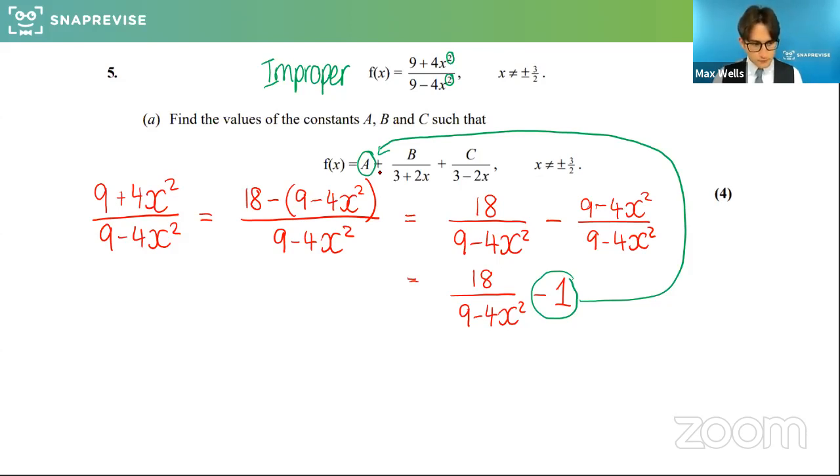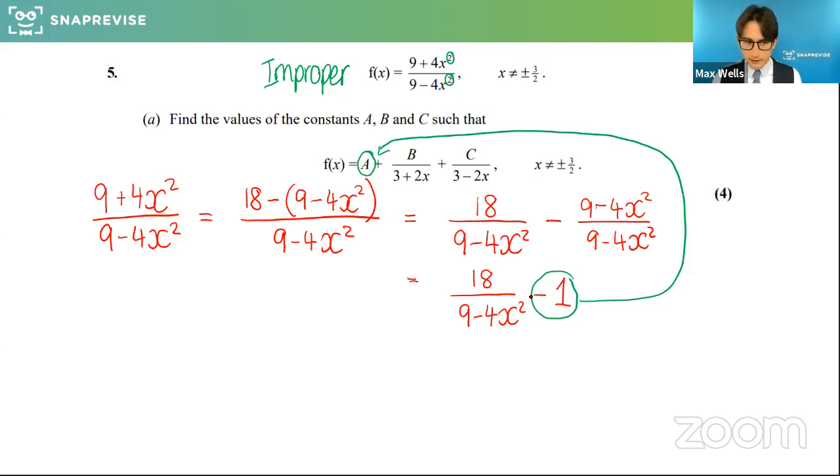If we spot that, if we can use the 9 - 4x² and then see how far away I am, then I can resplit the numerator to get that whole part coming out without using polynomial division. So hopefully that's clear what I've done there.